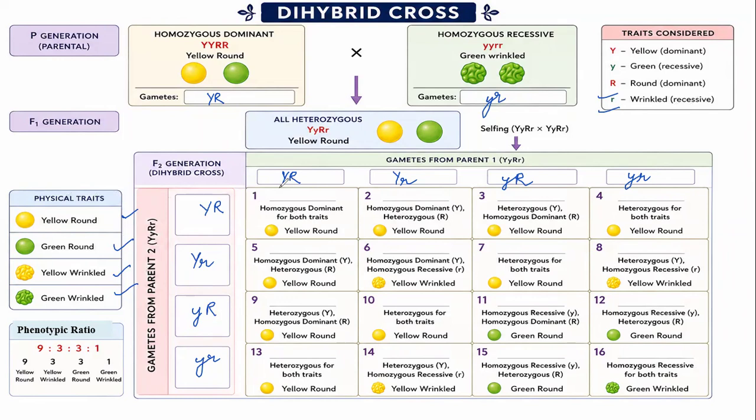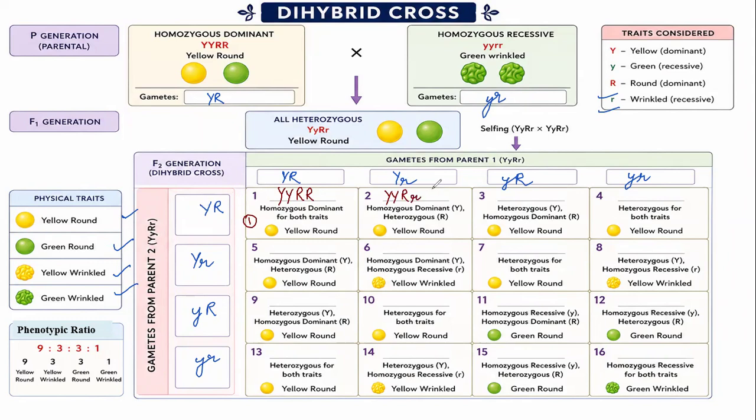Okay, so what do we observe here? Capital Y, capital Y, capital R, capital R: homozygous dominant for both the traits, and the physical trait will be yellow and round. This will be the first, which is yellow and round. Then homozygous dominant and heterozygous R. So what will we observe here? Capital Y, capital R, but small r, because small r is here.